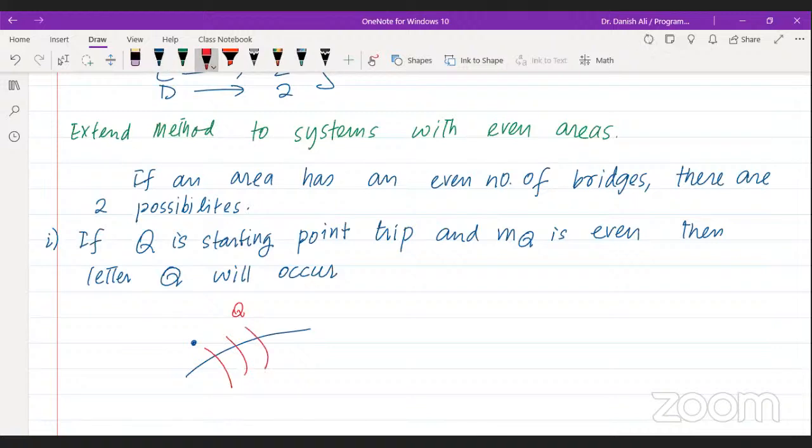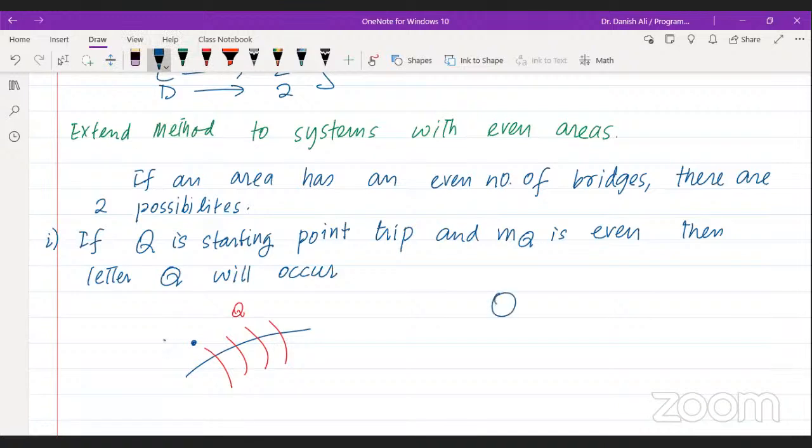Let's see what about four. If you have four bridges from Q and you start your journey from Q, then one, you come back, two, go out, and then come back, three. Are you getting my point?